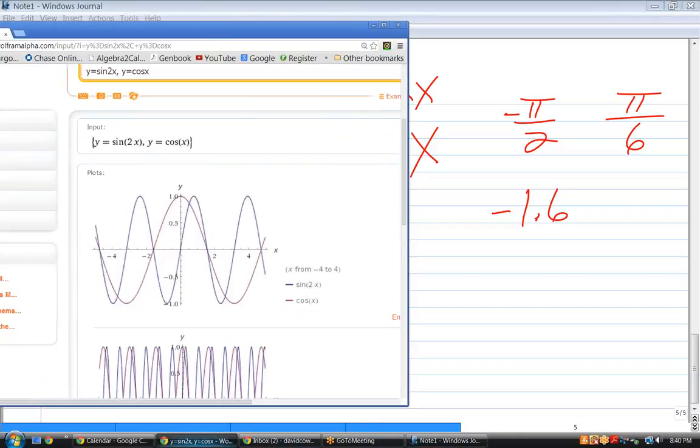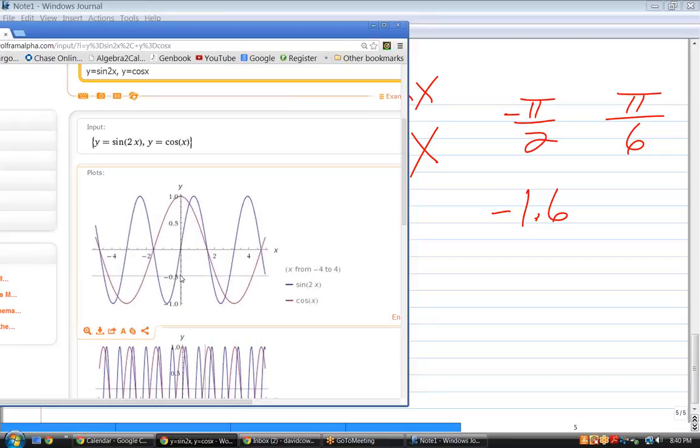So from looking at the curve, I can tell that it's in this area here. So from here to here, the cosine is on top. From there to there, the sine is on top. But that's way beyond pi over 6. Pi over 6 is somewhere in there. In fact, we need to figure out that intersection point there.